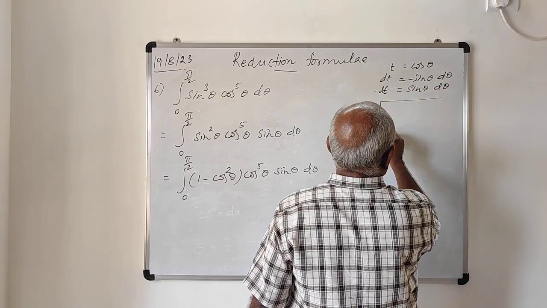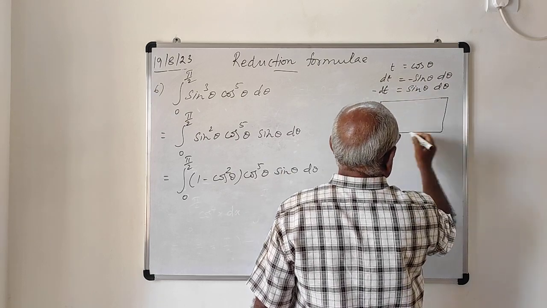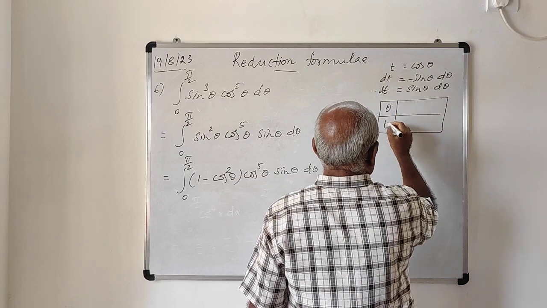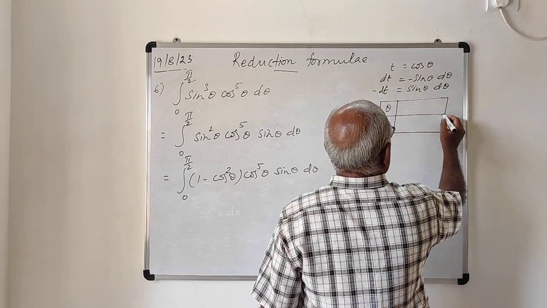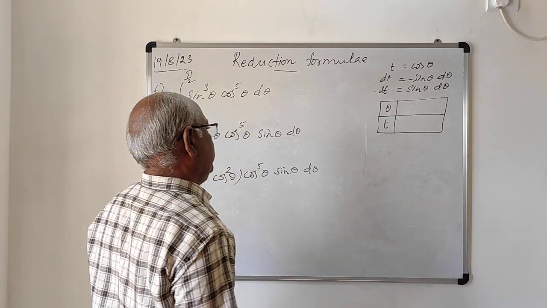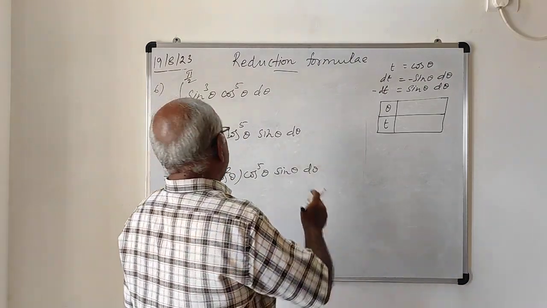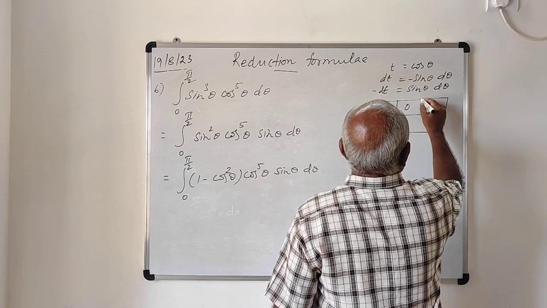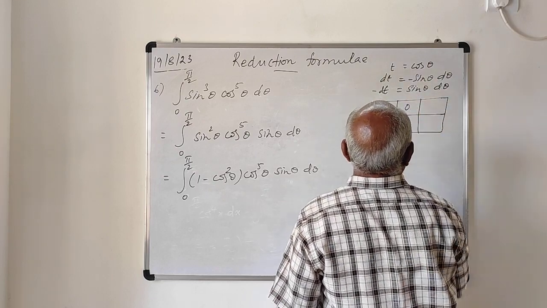Now corresponding limits you have to change. Limits of theta are changed into limits of t. If theta is equal to 0, t equal to cos 0 is 1.